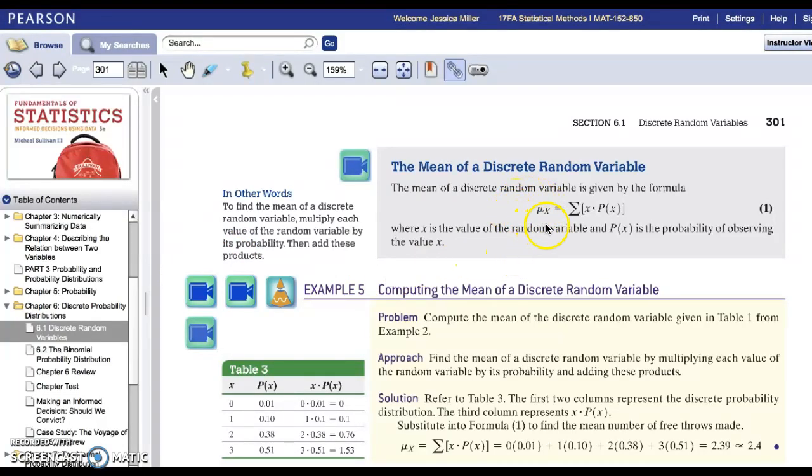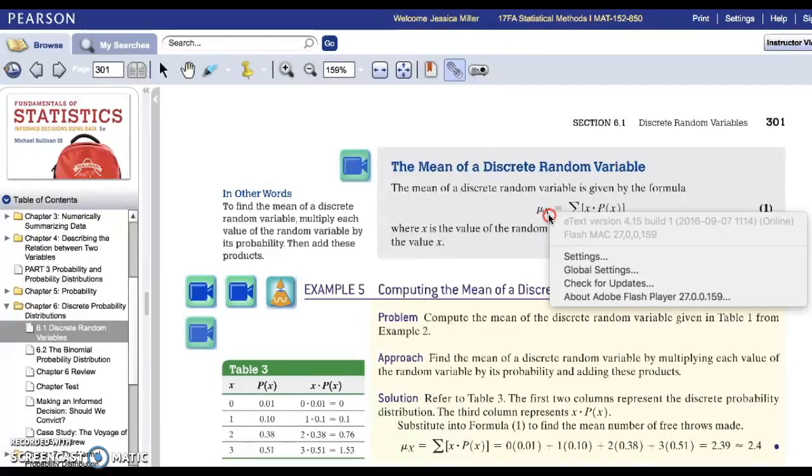So the first thing to notice is that instead of just saying the mean, they use this mu sub x. So the mu is, think about it in terms of our previous chapter as the population mean. But instead of just population here, think about it as the theoretical mean of our random variable. Notice they have the sub x, so it's the mean of our random variable.